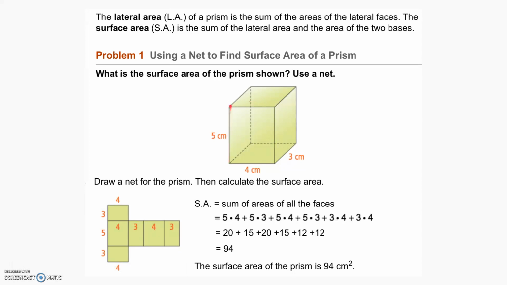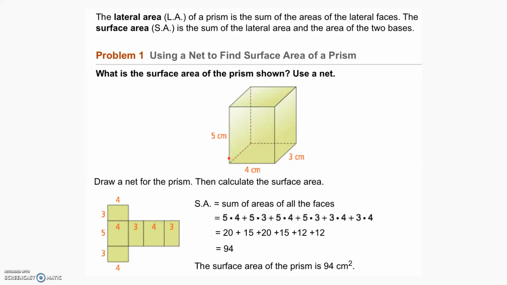One of the faces, notice, is 5 long and 4 wide. We can find the area of that rectangle, right? We do 5 times 4. Notice we're doing that here. And then there's going to be another one where it's still 5 tall, but now it's 3 wide. So we're going to do 5 times 3. Then if we go to the back of this, it's 5 tall, 4 wide, 5 times 4.